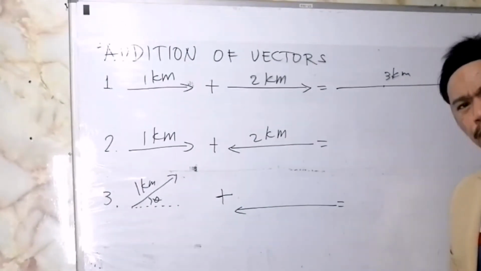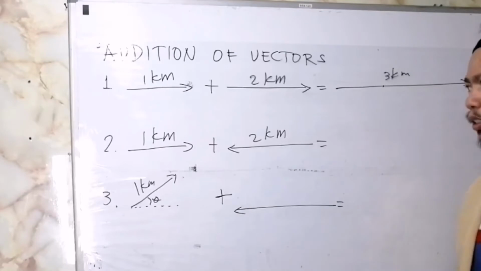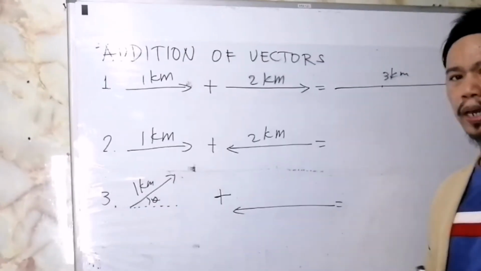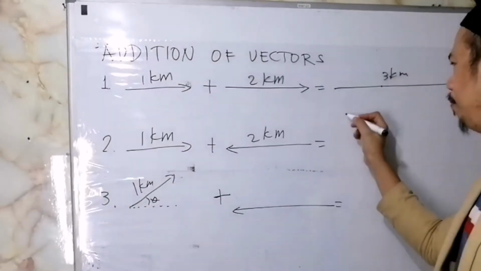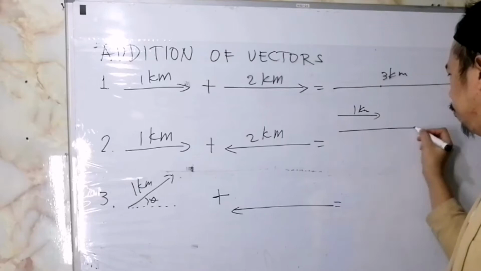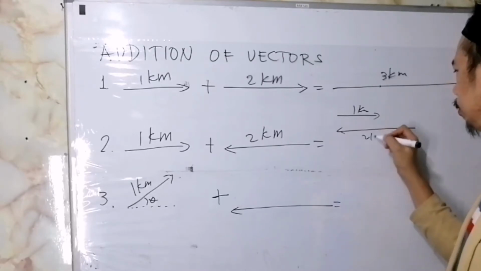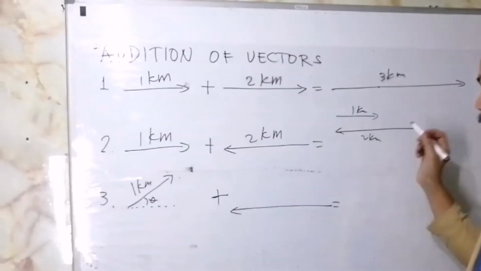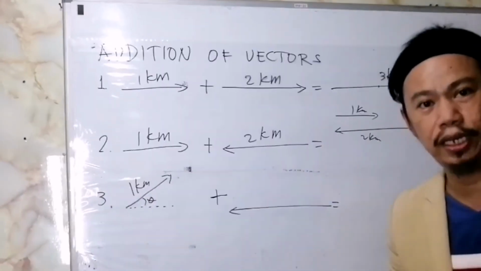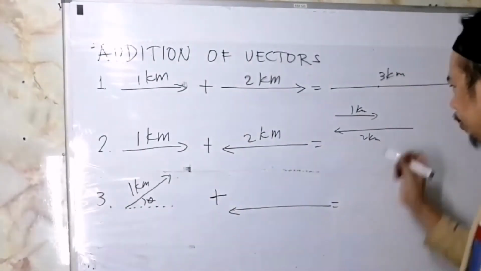Now, let's have the opposite on the second situation. We have 1 kilometer east and 2 kilometer west. Therefore, we have opposite direction, we subtract. Okay?